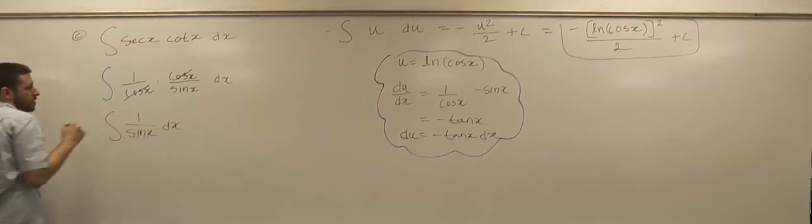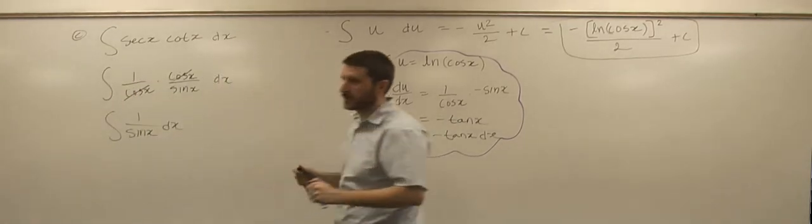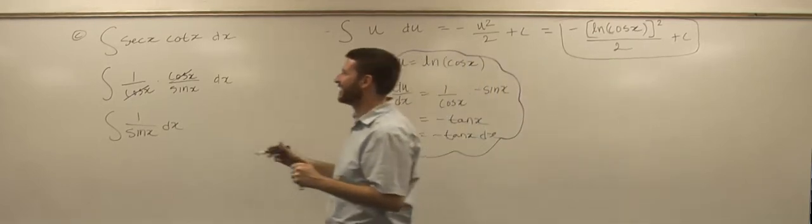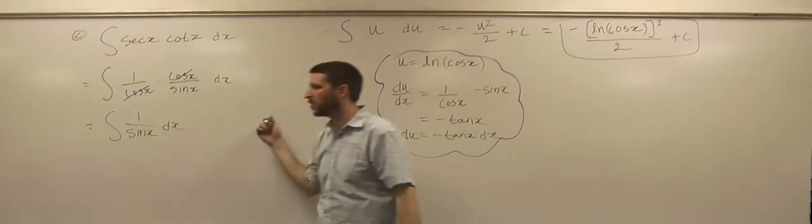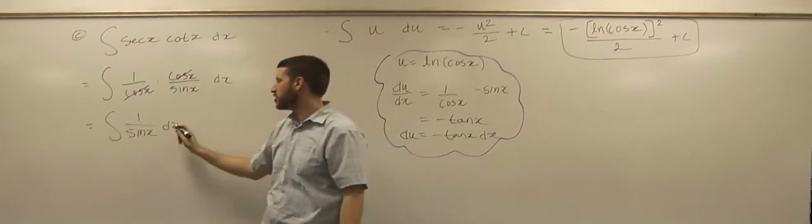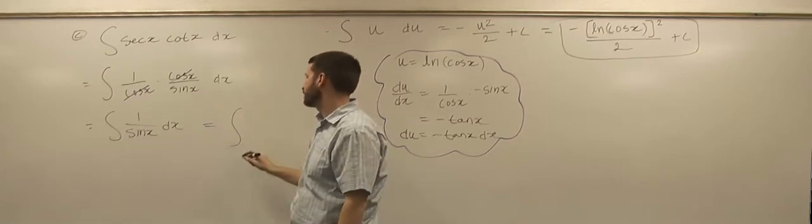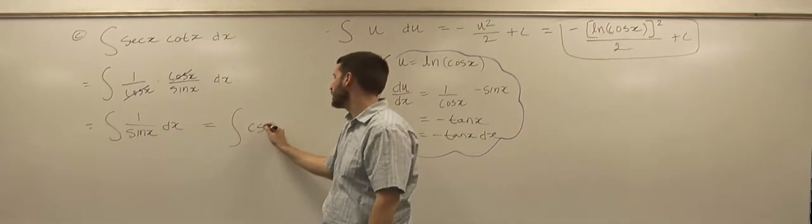How do you integrate 1 over sine? Is it ln of sine? So first you change it to something you know the integral of. Change 1 over sine back. What's 1 over sine equal to? Yeah, 1 over sine is equal to cosecant.